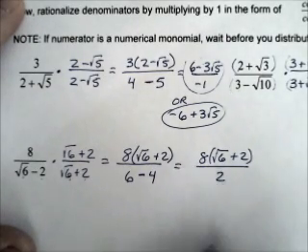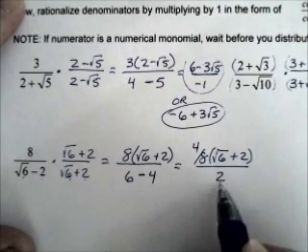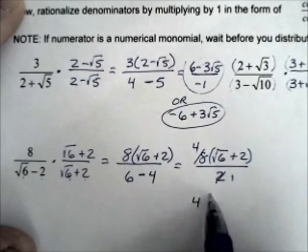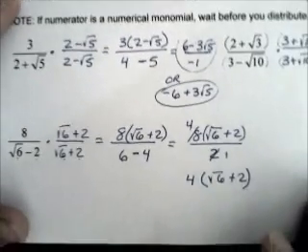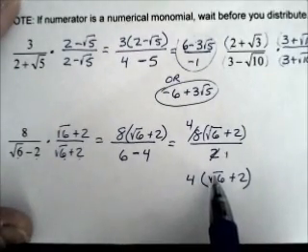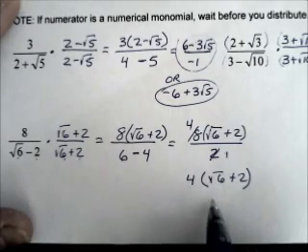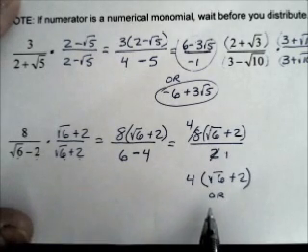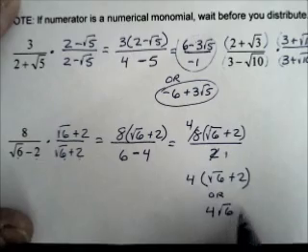Yes, the 8 and the 2 reduce. 2 goes into 8 4 times, 2 into 2 once. So we have 4 times the square root of 6 plus 2, which we may leave like this, or we can distribute, get 4 square root of 6 plus 8.